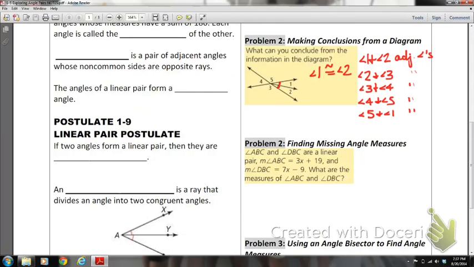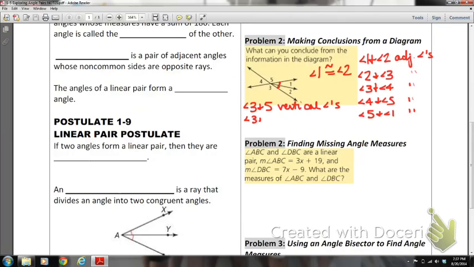What other special pairs of angles do we have in the diagram? Angle 3 and angle 5 are vertical angles because their opposite sides form opposite rays.